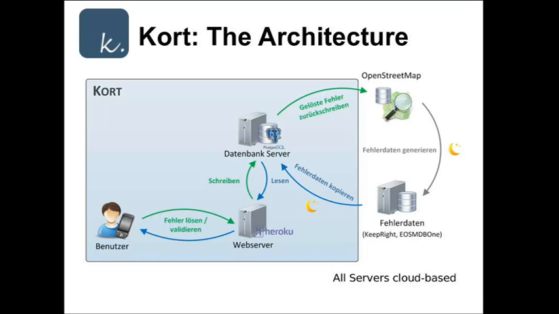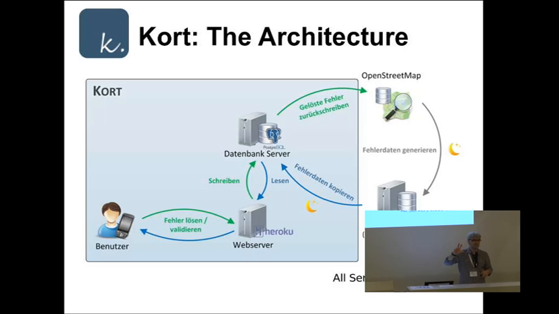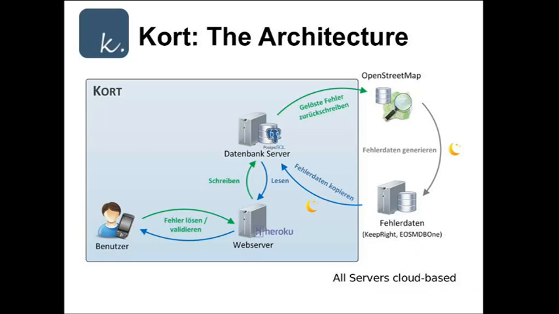It writes to the database server, which is Postgres, as I've said already. And after having finished the mission, after 3 validations actually, after 3 people have validated and checked the same error, then it will get uploaded to OpenStreetMap back again.